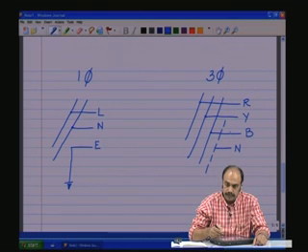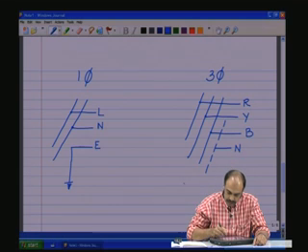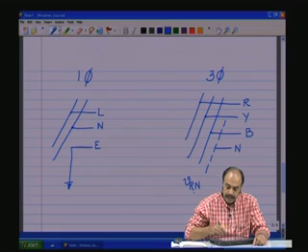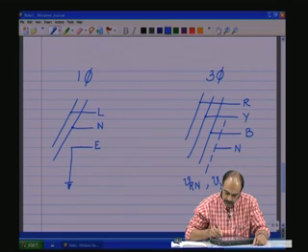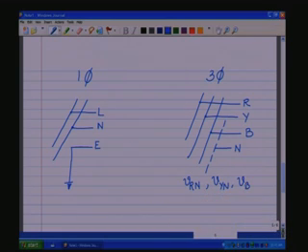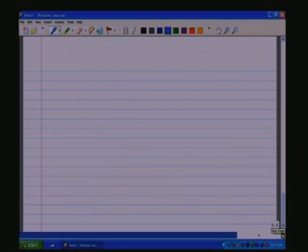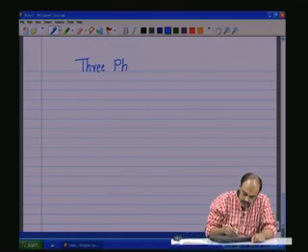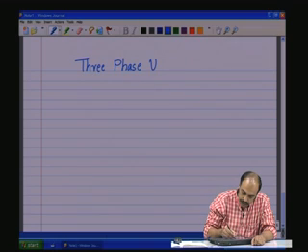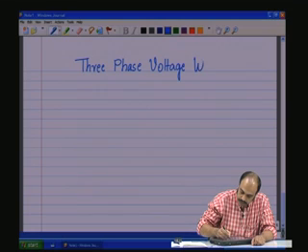So, that is R with respect to N, Y with respect to N, B with respect to N, which means let us try to see how VRN, VYN, VBN look like. So, now we look at the 3 phase voltage waveforms.